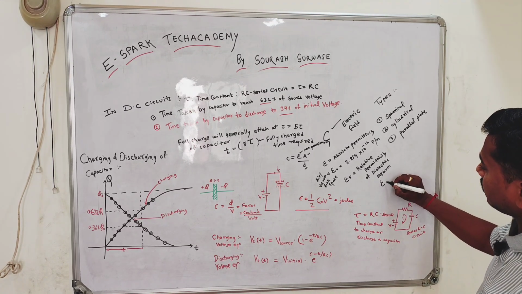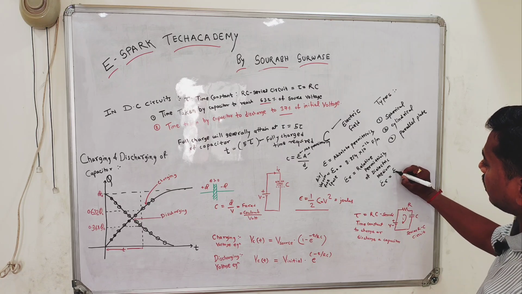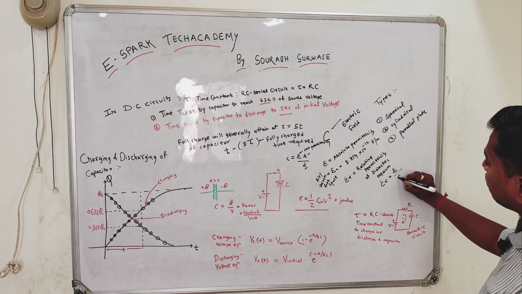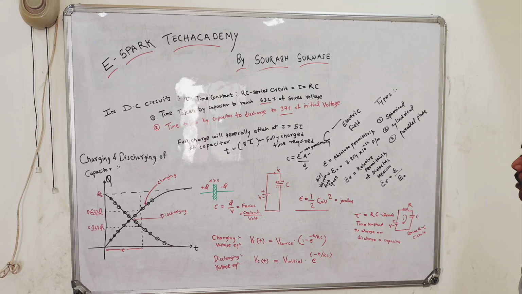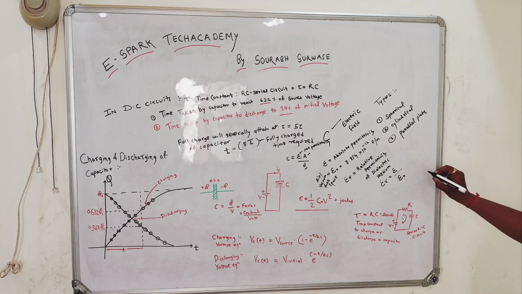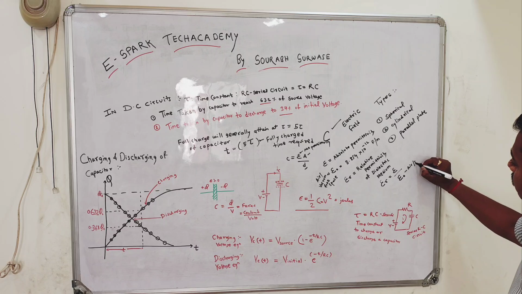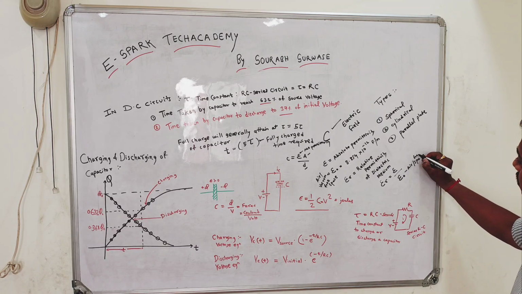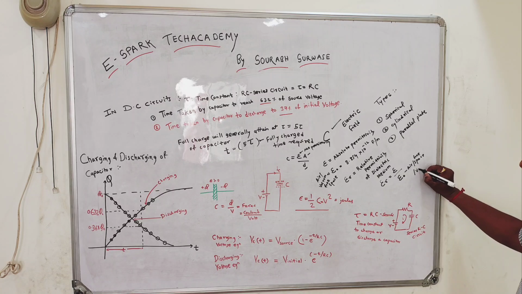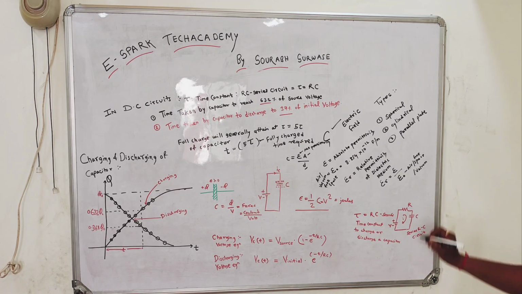It will be calculated in examples as the absolute permittivity divided by the permittivity of air, free space, or vacuum. Please note this down, I have already explained.